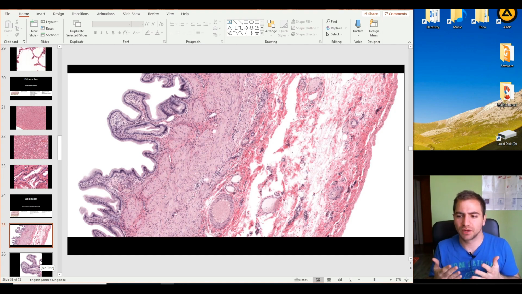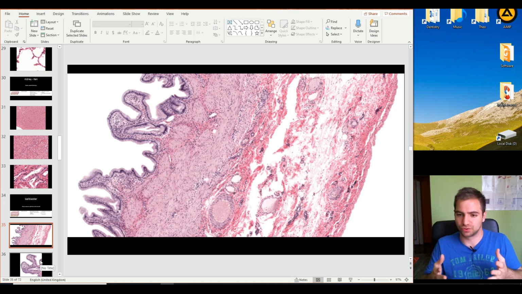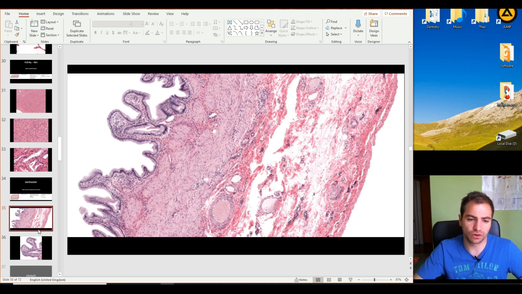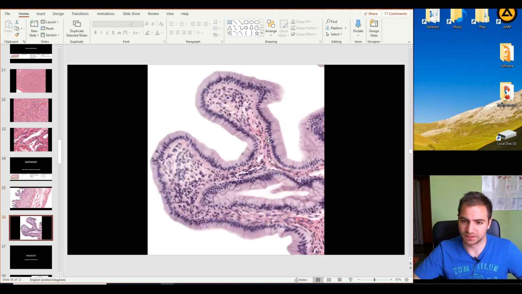The covering epithelium will be found on the top, on one side or the other, because of its function. If it was a glandular epithelium, we could find it within the structure, within the section, so not on the sides. So let's focus on the top part to see this epithelium and what it looks like. We're going to zoom into these epithelial cells. As we can see here, we can find the tall cell. It's a very tall cell.